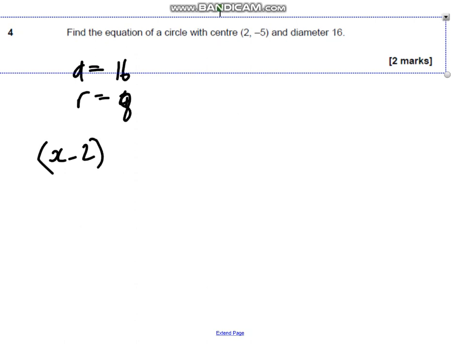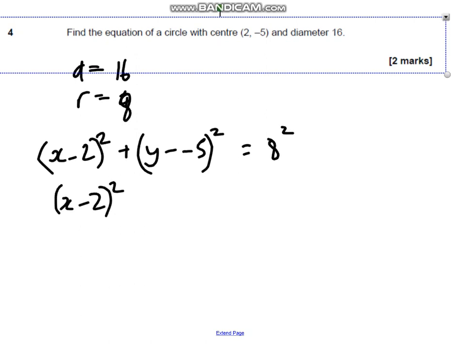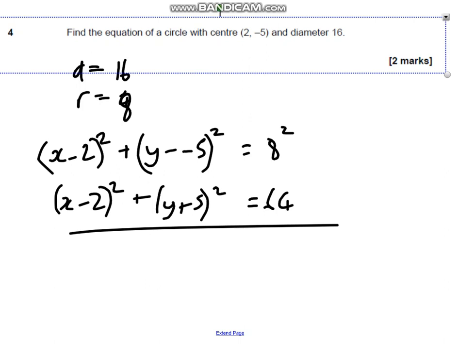Okay, x minus 2, because that's from there, all squared, plus y minus minus 5 all squared is equal to 8 squared. We'll just tidy it up. x minus 2 all squared plus y plus 5 all squared is equal to 64. Alright, cool.